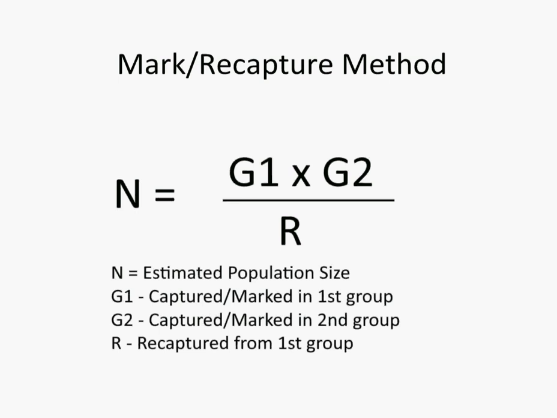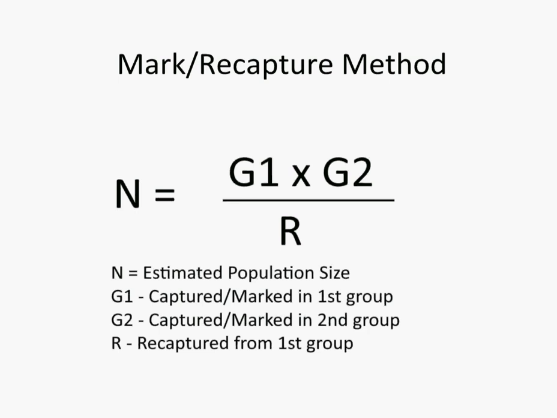The estimated population size is, if you capture one group, which I've called G1, and you mark them, and then in group two you capture and mark a second group, maybe a week later or whatever, there's going to be a certain number that you have recaptured in group two, and that's what the R represents down there.